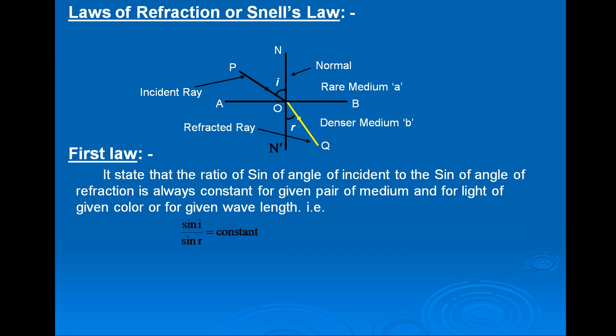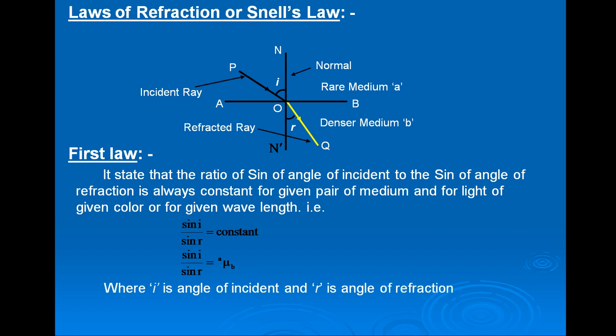That is, sine I upon sine R is equal to a constant, or sine I upon sine R is equal to A mu B, which is constant and is called the refractive index of medium B with respect to medium A, where I is the angle of incidence and R is the angle of refraction.